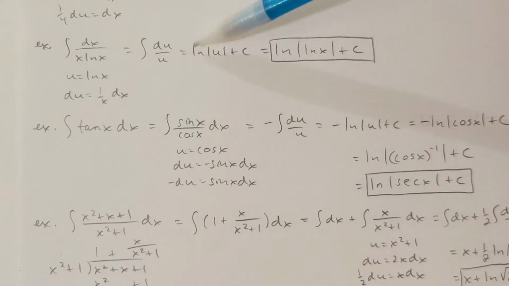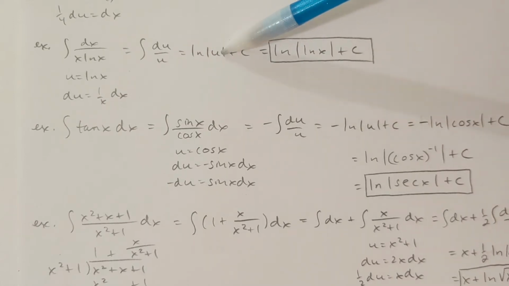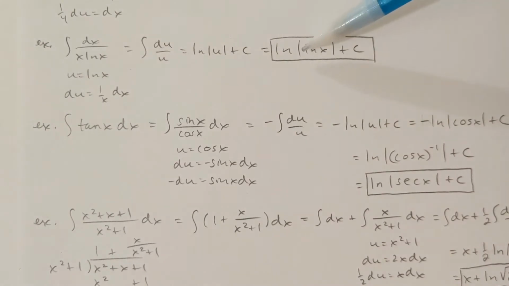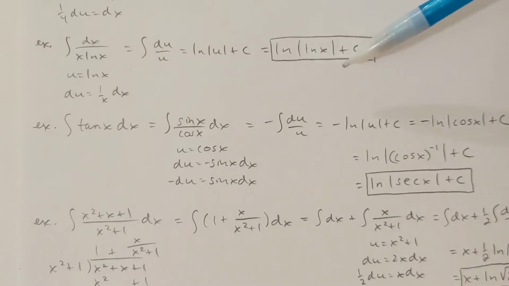The antiderivative of 1 over u is the ln of the absolute value of u. Replace u with ln x, and so we've got the ln of the absolute value of the ln of x plus c. Again, make sure that you include the absolute value bars there in your answer.